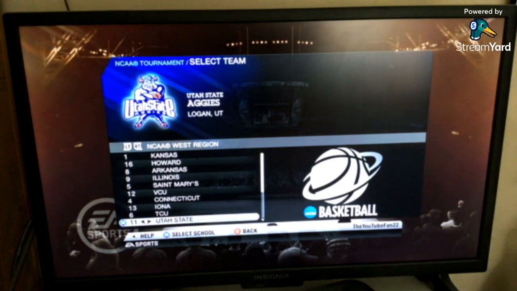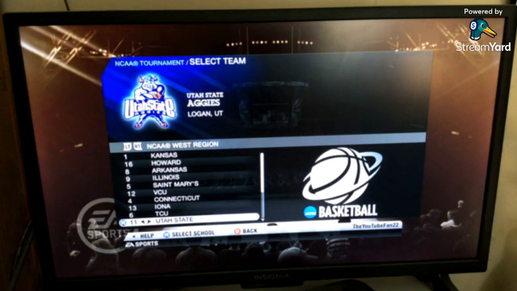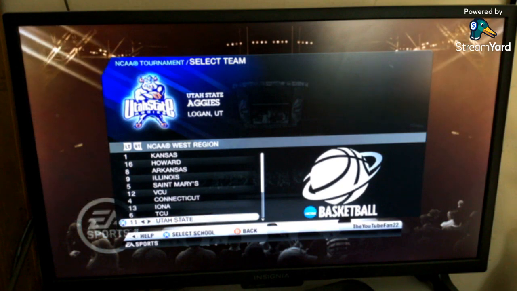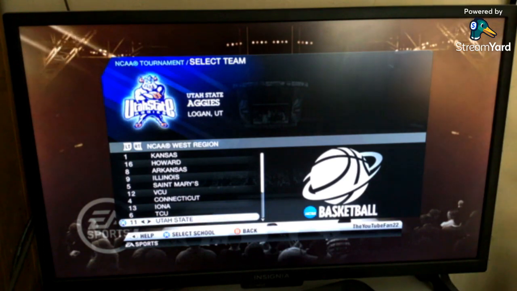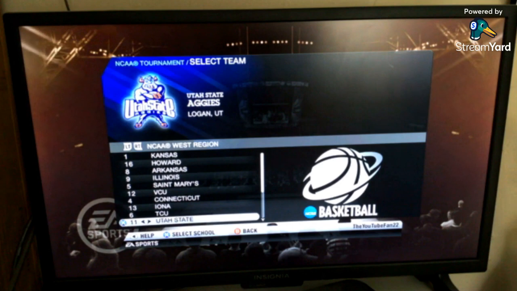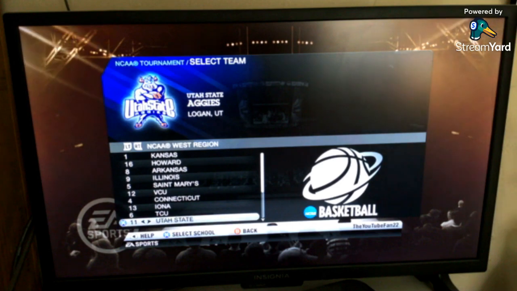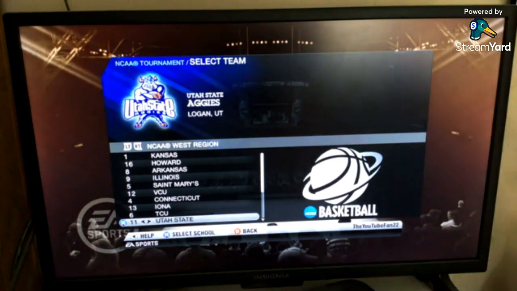Don't think there's another one for that quadrant of the bracket. No, there's not. Okay, so moving on to putting Arizona State in there. So the 11th seed goes to Arizona State.